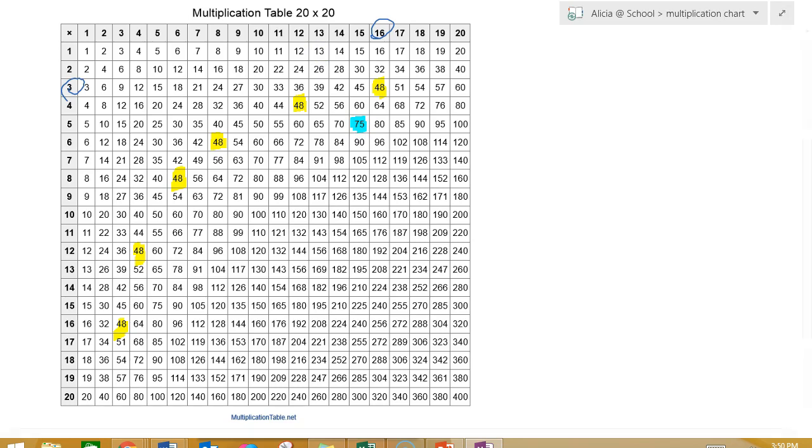15 times 5. Neither of those are perfect squares. I do not see a perfect square on my chart, right? It's only a 20 by 20.